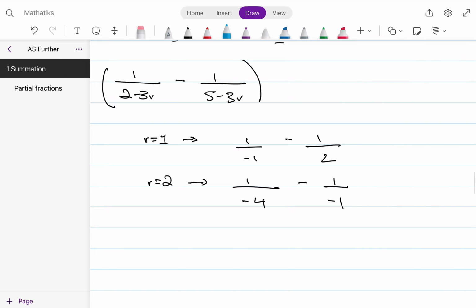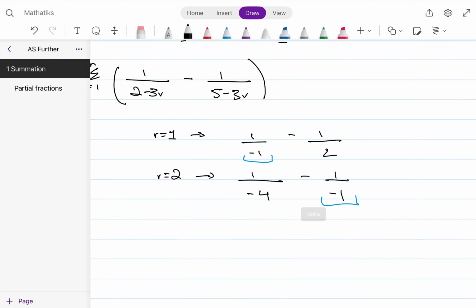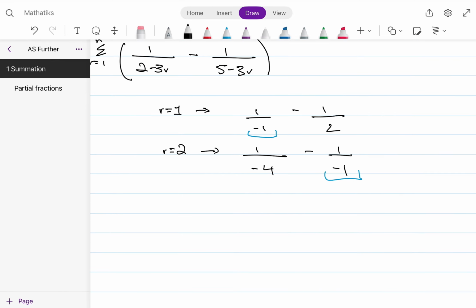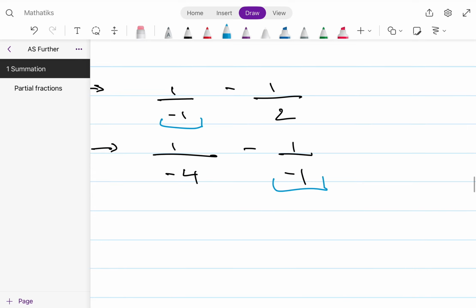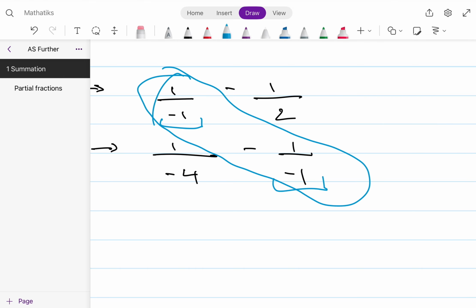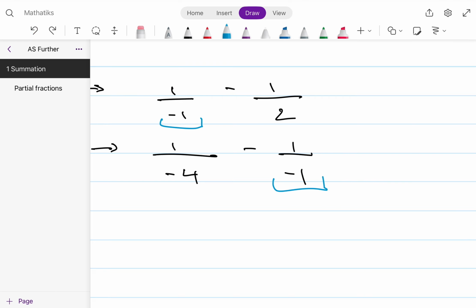You can already see that this term is the same as this term. So these will cancel out because when you write them out in the sum, this minus this, since they're the same, is going to be equal to 0, which means it's just going to cancel out.